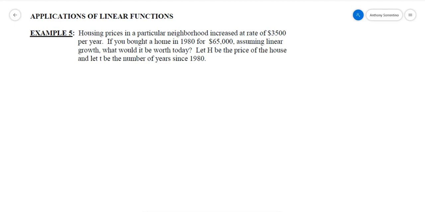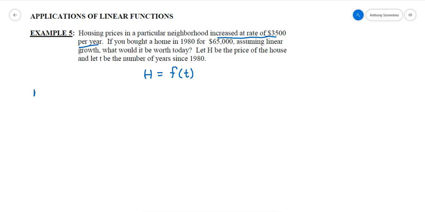So there's a number of things going on here. First of all, they're telling us we're going to have H being some function of T, where H is the price of the house, so it's the y value, and T is the number of years since 1980. They don't have to be x's and y's. There's two things they are telling us. They're telling us it increased at a rate of $3,500 per year.